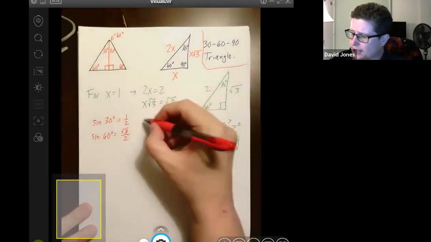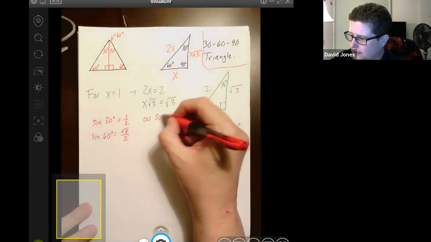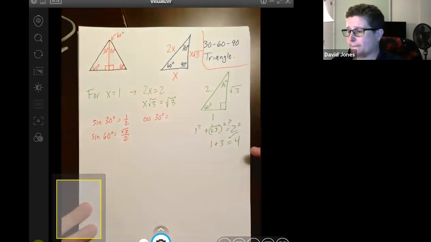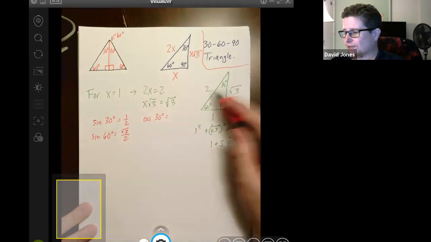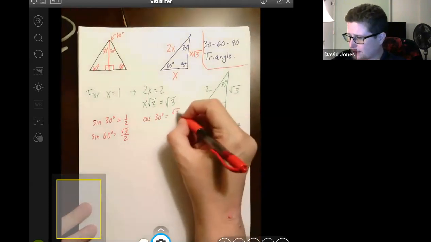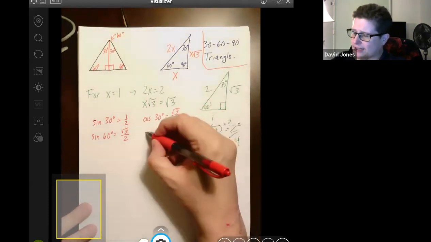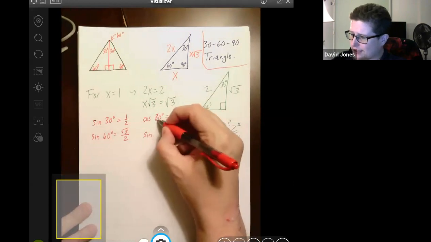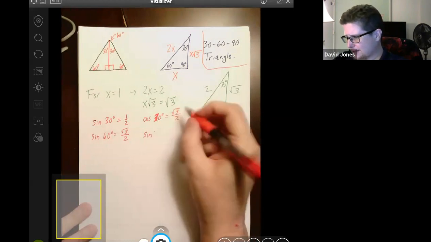If we look at cosine of 30 degrees, it's adjacent over hypotenuse. And we look at sine of 60, oops, I said, yeah, cosine of 30 degrees.